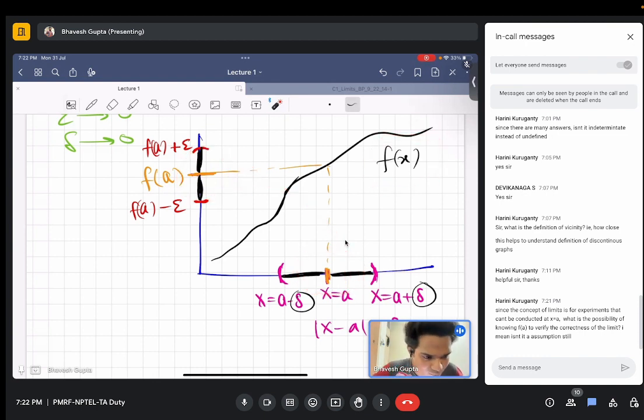Since the concept of limits is for experiments that can't be conducted at x equal to a, what about the possibility of knowing f of a to verify the correctness of the limit? Isn't that still an assumption? See, the whole idea of this experiment is basically one real life example I have given.